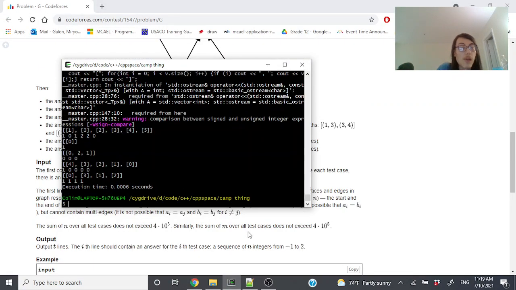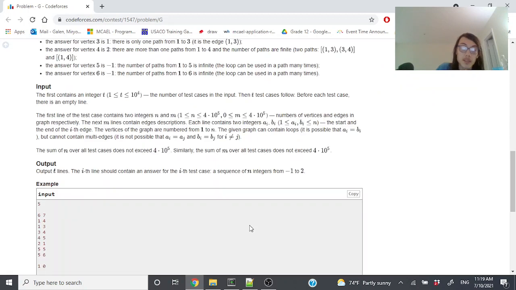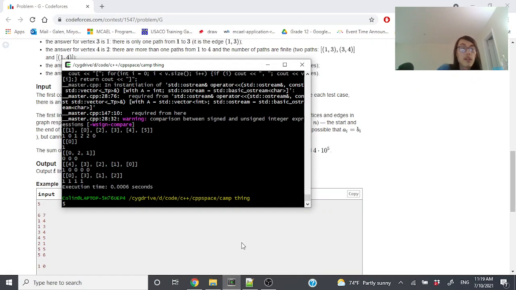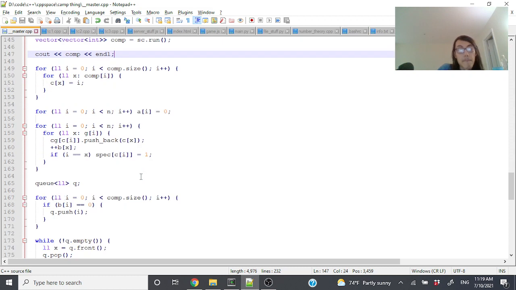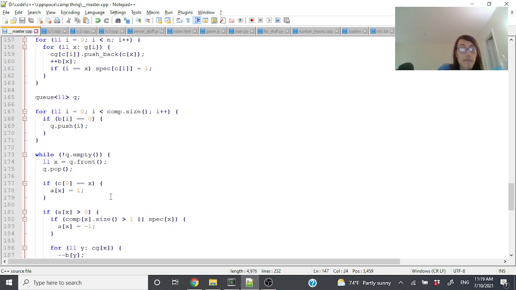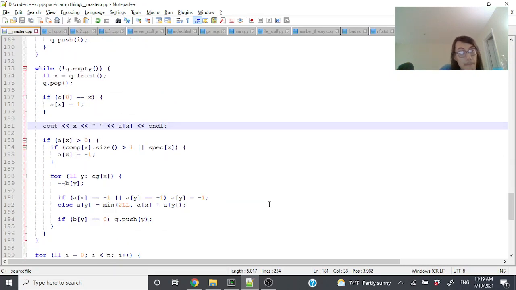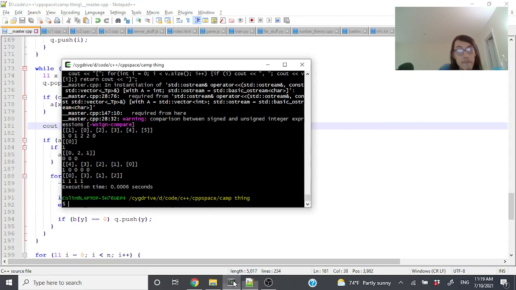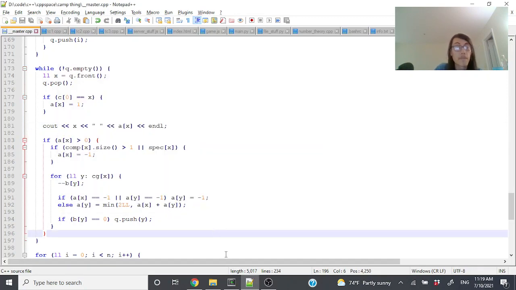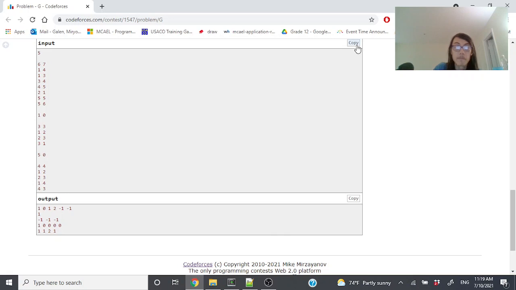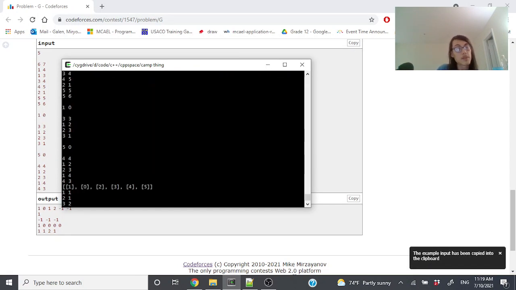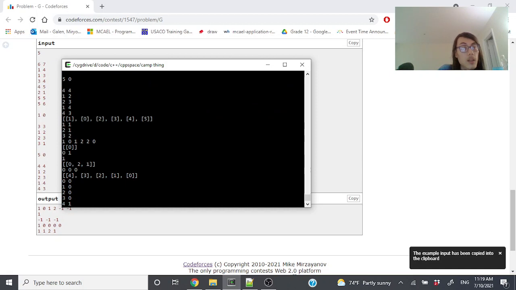Okay, let's see. So everything's in its own SCC here, which is expected. So now C out x, ax, so the first part, it should be... where is it getting to?